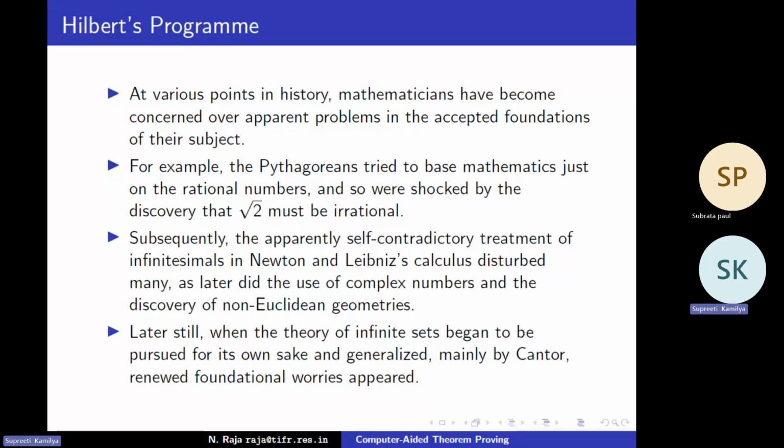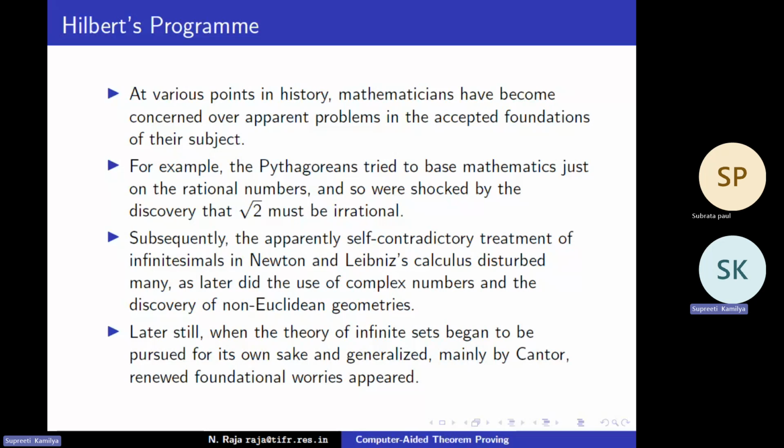Similarly, there were complex numbers and non-Euclidean geometries, which upset the foundations which were there for the subject. These were totally new entities, and people didn't know how to justify them. And later on, there was Cantor with his infinite sets, which once again threw all the foundations of mathematics into disarray.